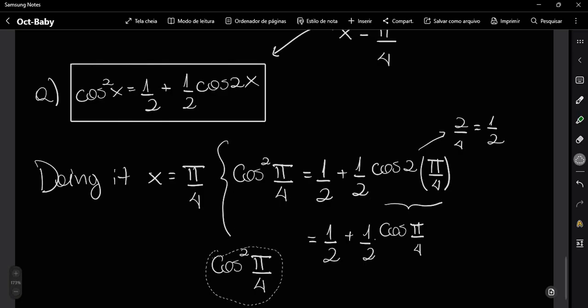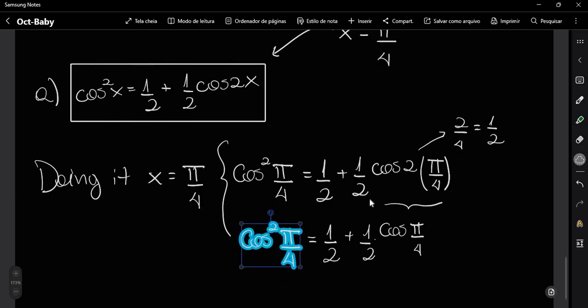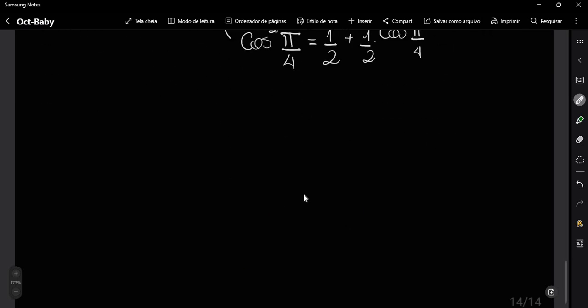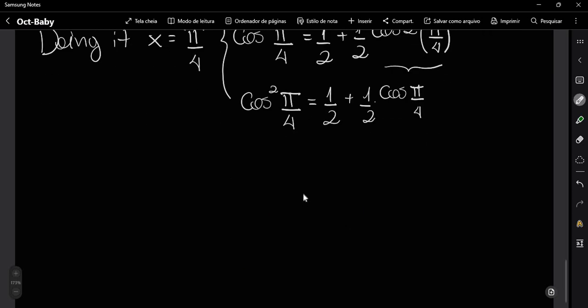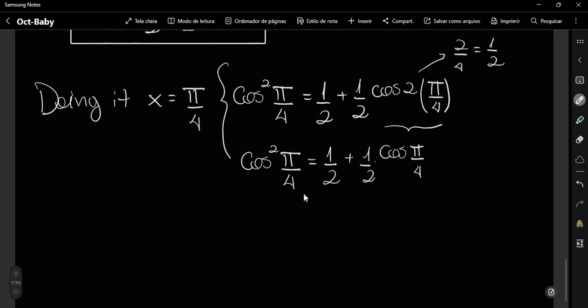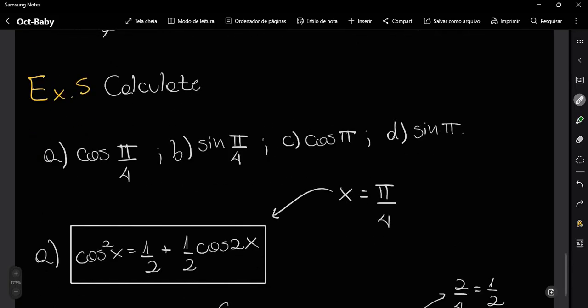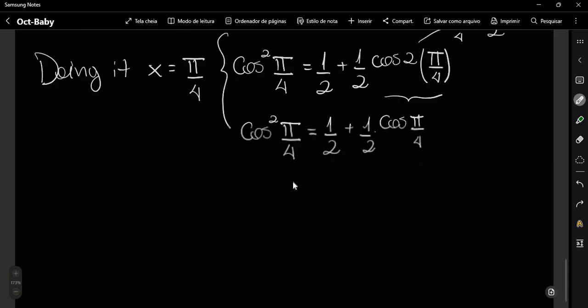If you can notice, right here we will be taking cosine of pi over 4, which is what we wanted to calculate. And right here is cosine square of pi over 4.